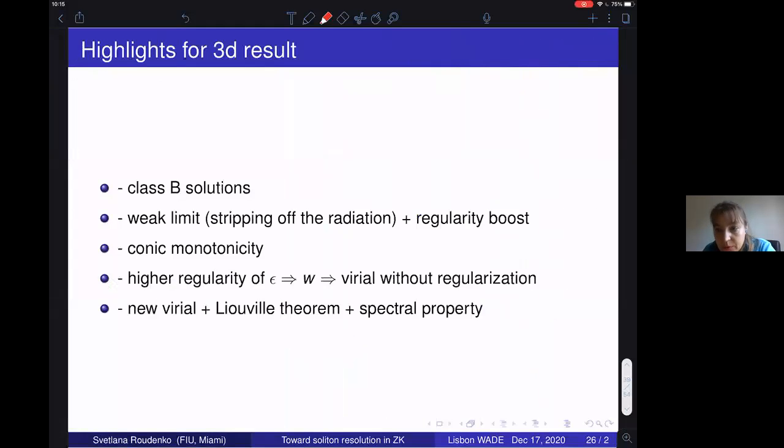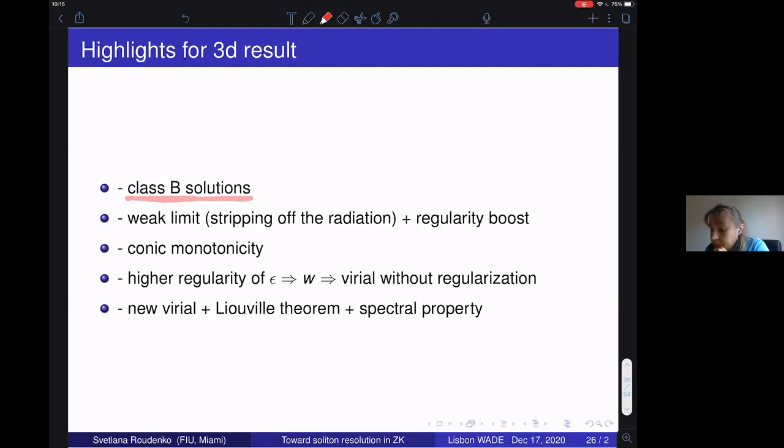Couple of things. Let's see how I'm doing on time. So what are the new features in this result? First of all, we consider the so-called class B solutions. These are solutions which are not in H1.